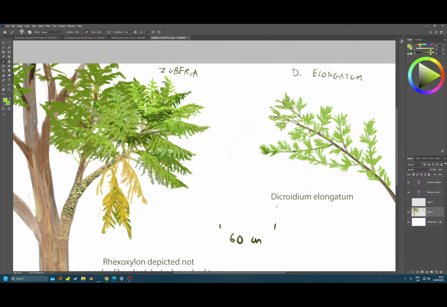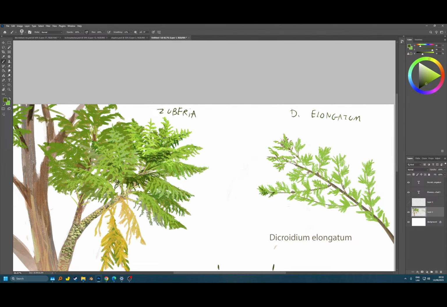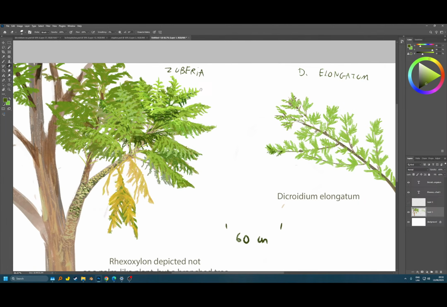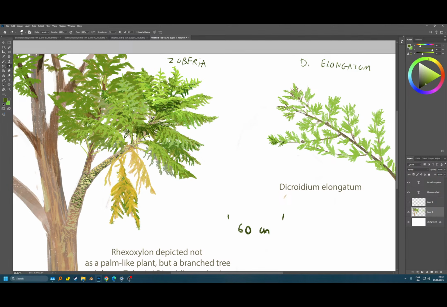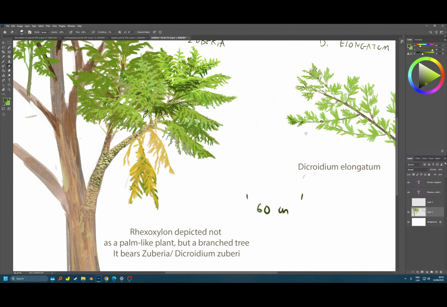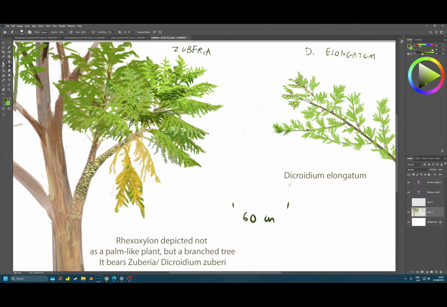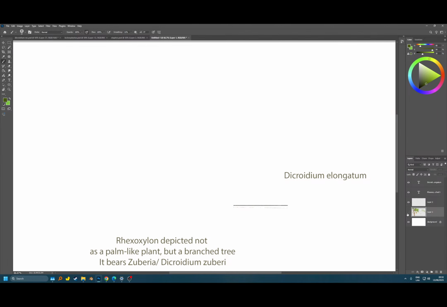But if you actually try to add all the details, it's going to be very hard. But sometimes less is more. This is not a technical illustration, so it's fine. No, the scale disappeared. That's 60 centimeters.